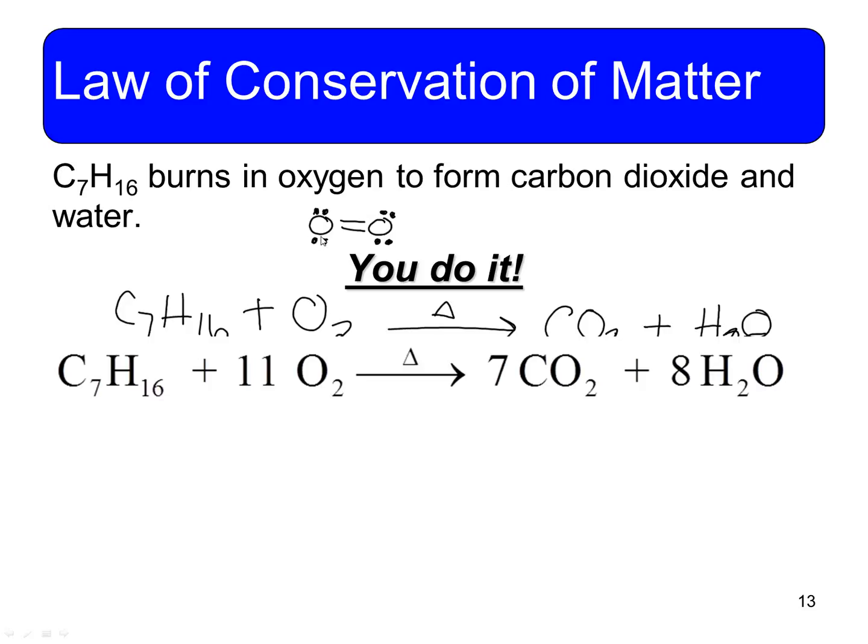Okay, so we start with carbon. Okay, so we had 7 here. So we're going to place 7 on the product side. We have 16 hydrogens. So we're going to place an 8 here to give us 16 on the product side.